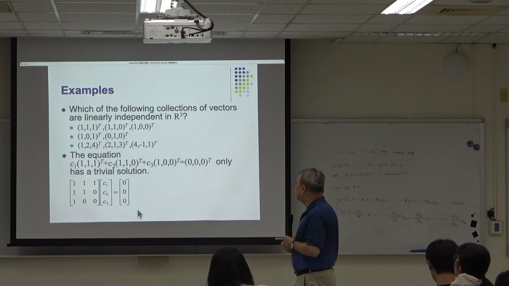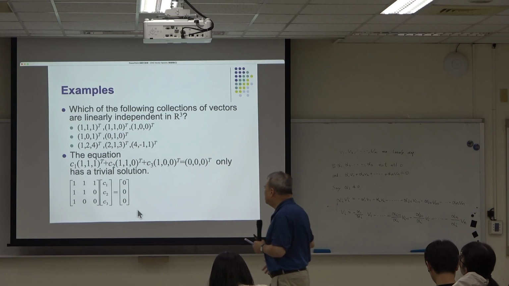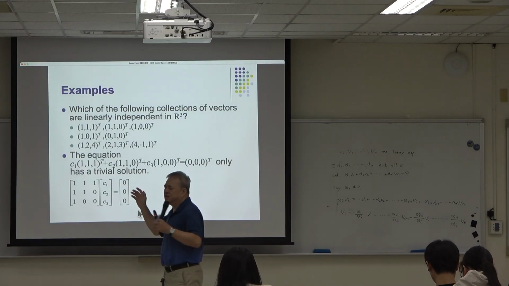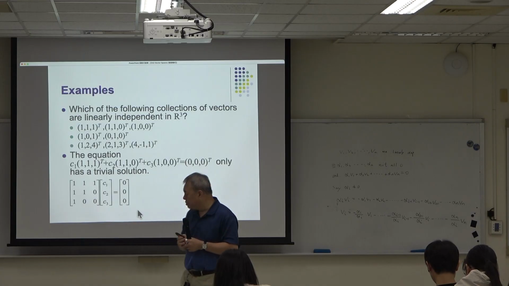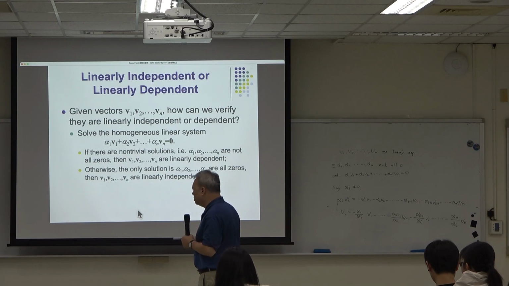Let's look at some examples. Which of the following collections of vectors are linearly independent in R3? You can write it using the previous approach, of course, no problem.